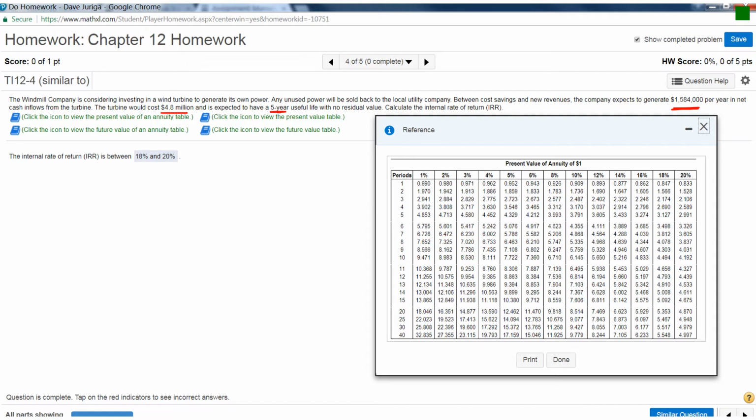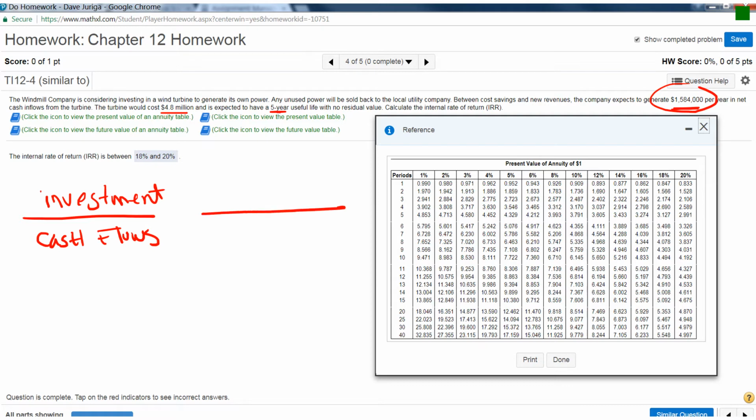So with this particular problem with internal rate of return, the way you do the basic calculation is you take your initial investment. I'm going to write this right here just to remind you. Your initial investment, and you're going to divide that by your cash flows. Now, for this problem, our cash flows are the same amount each year. That $1,584,000, again, that's going to be our denominator.